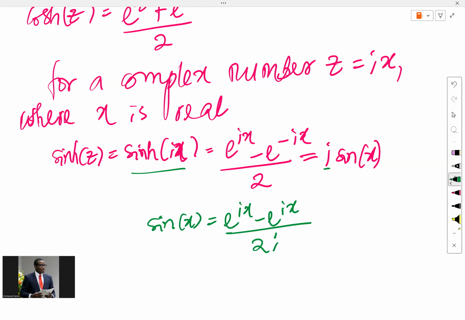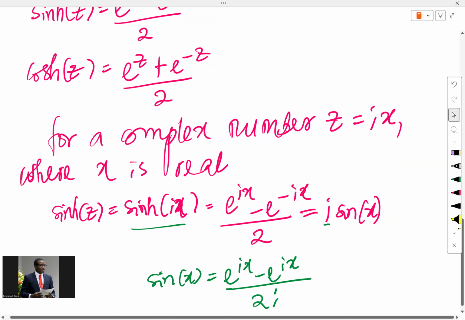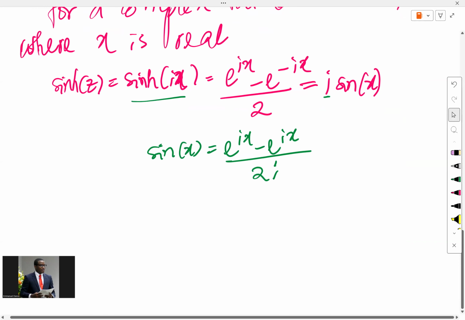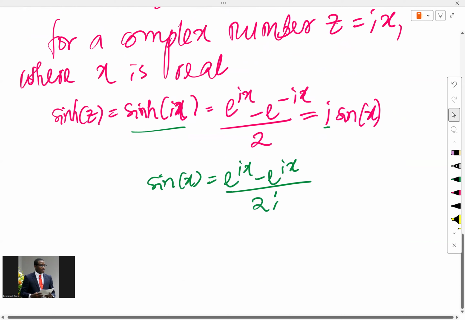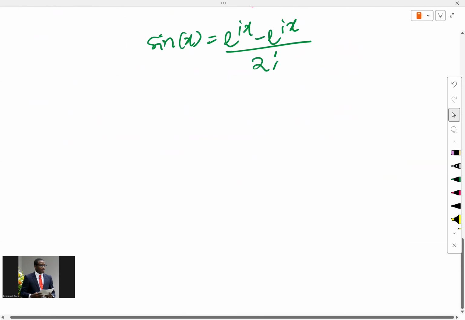So we can try something for cosh too. If you put ix for z for cosh, but then I'm not going there.